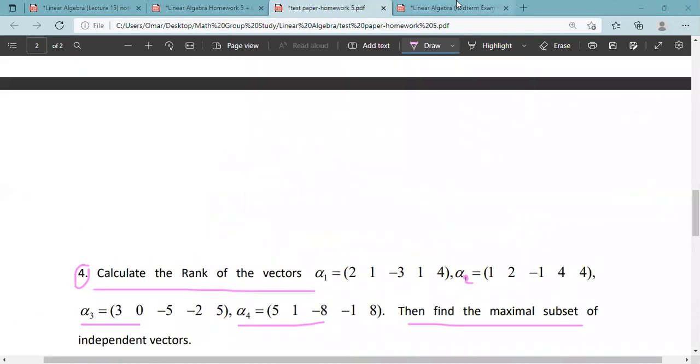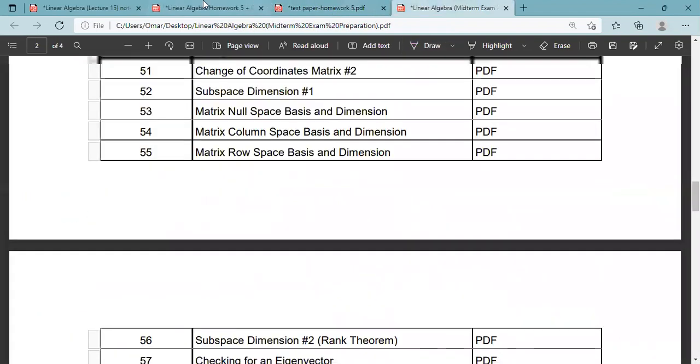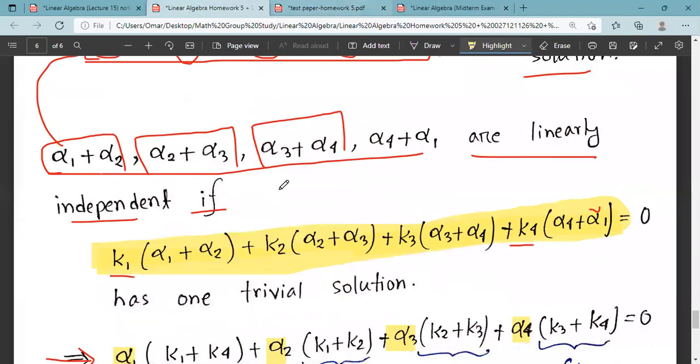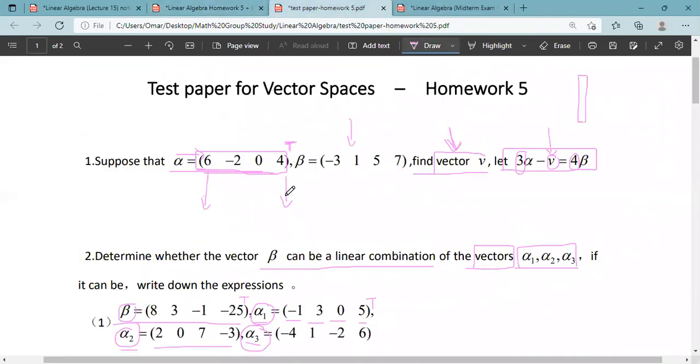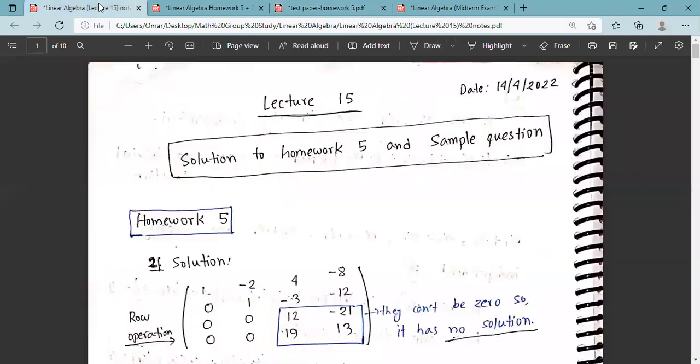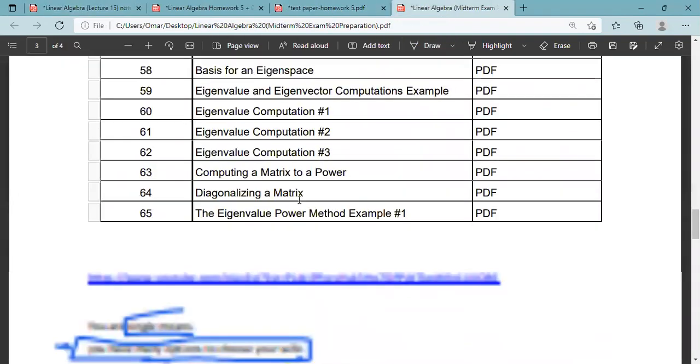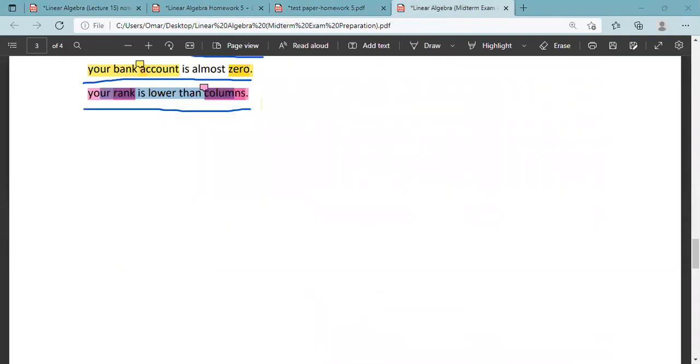Okay, so now let's talk about the test paper. What is the test paper? Let me open that. Test paper.